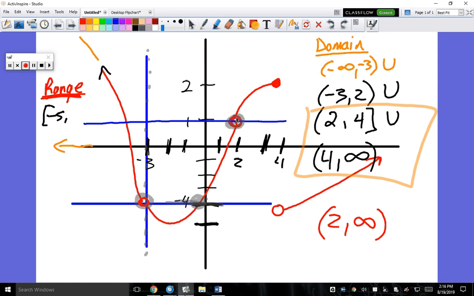The graph does not exist here, but it does exist here. So will I put a break? I'll keep going. I'm not going to put a break there. Y'all with me? And then it stops at 2. So should I say -5 to 2? Yes or no? No. Because of this thing, this 2 should be what? Infinity.